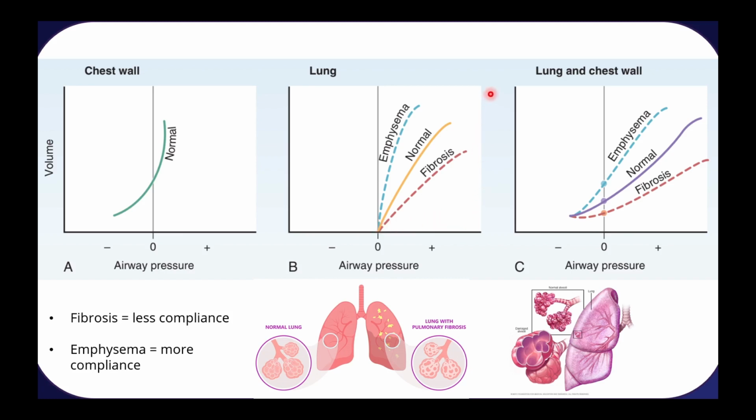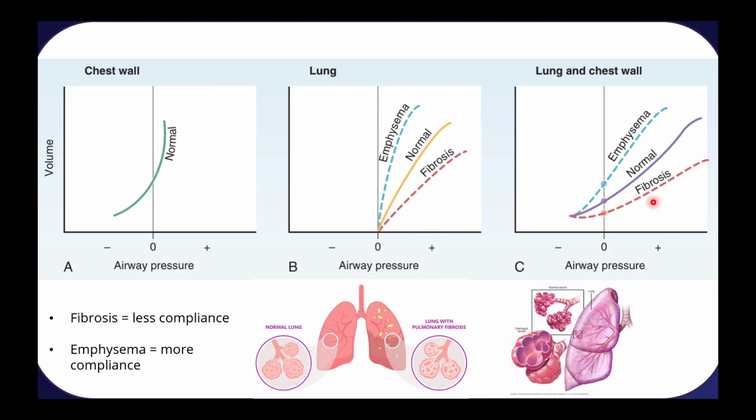And finally, let's move to the effects of these pathologies on the lung and chest wall system. As we discussed before, this is the normal line, and as we said, the volume at which the airway pressure is 0 is known as the FRC. Let's start with fibrosis. In fibrosis, as we discussed in this graph, the compliance of the lung is lower, so obviously this will affect the compliance of the system.